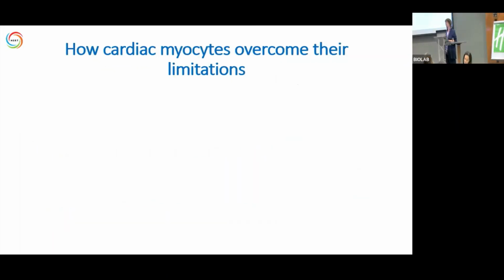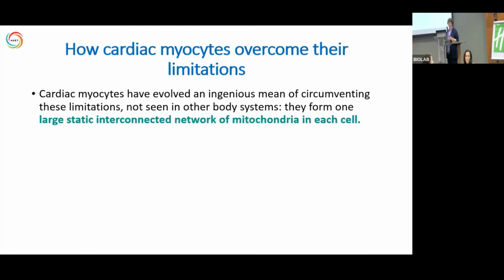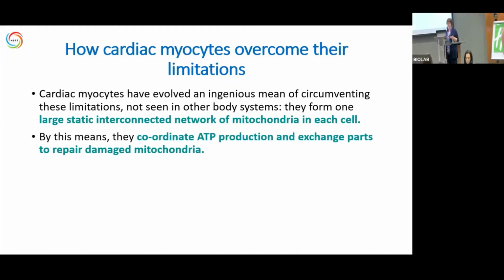However, cardiac myocytes can overcome these limitations to some extent. They do this by forming large static interconnected networks of mitochondria in each cell, in order to coordinate their ATP production and exchange parts, normally subunits of the electron transport chain complexes.